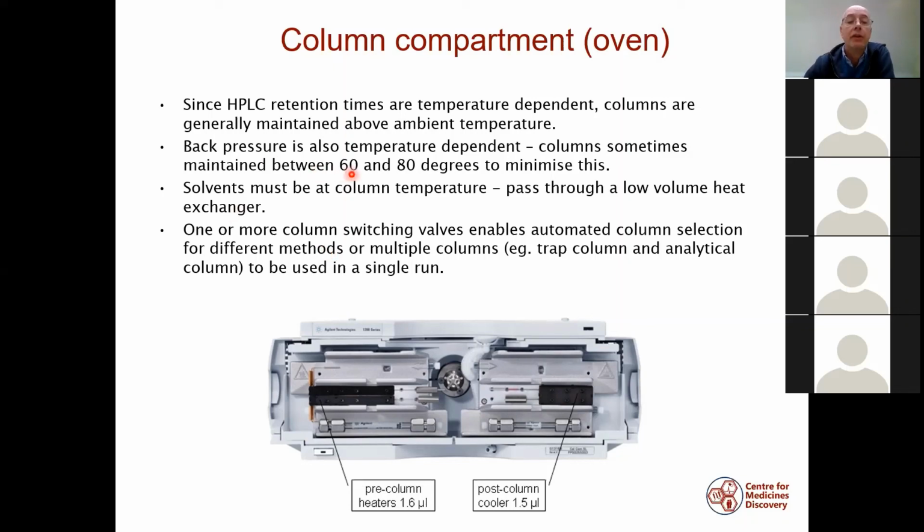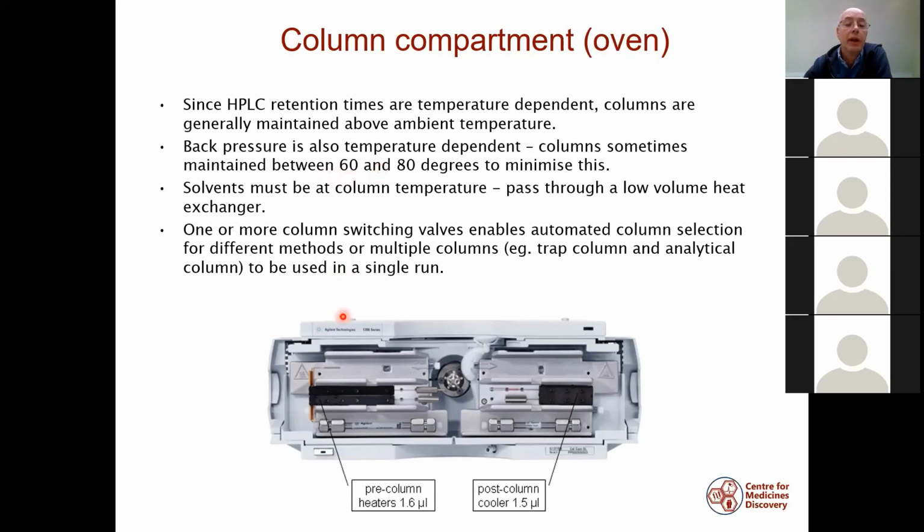Another thing you can do is that some columns will have a lower back pressure at higher temperature. One of the columns we use in the CMD is kept at 60 degrees rather than ambient temperature, and that reduces the back pressure, and so we can have a higher flow rate.